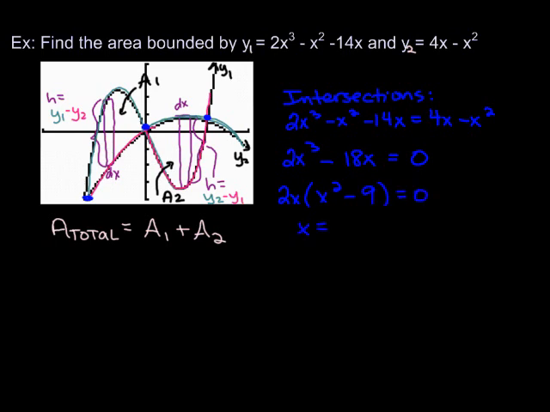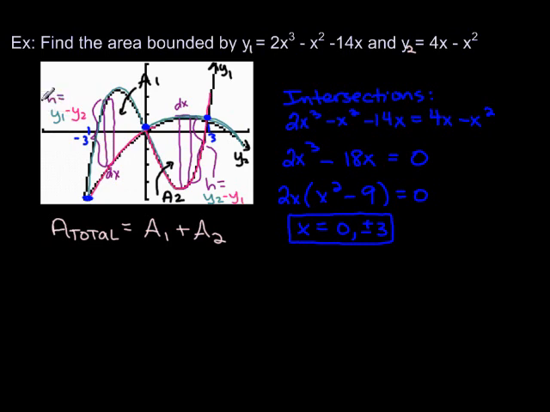So we have intersection points when x is equal to 0 and plus or minus 3. We only need to know the x values because those will be our limits of integration. Back here on my graph, I have x values at -3, 0, and +3.